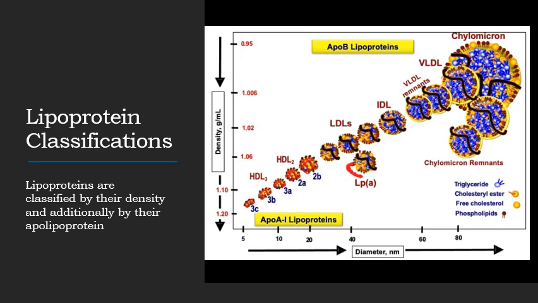According to the apolipoprotein classification, HDLs have the apolipoprotein A1 on them, aka ApoA1. HDLs, however, can have more than one ApoA1 on them, unlike the ApoB particles, which only contain one each.